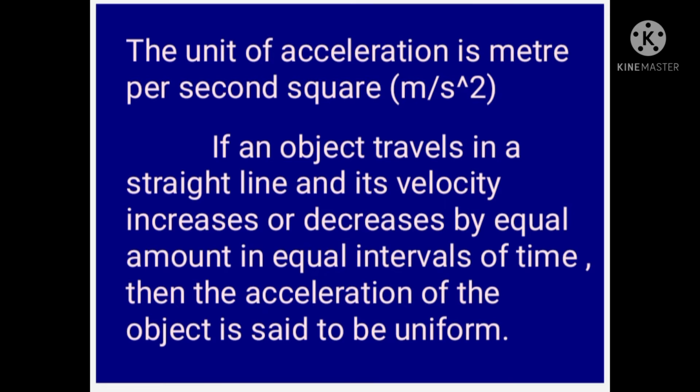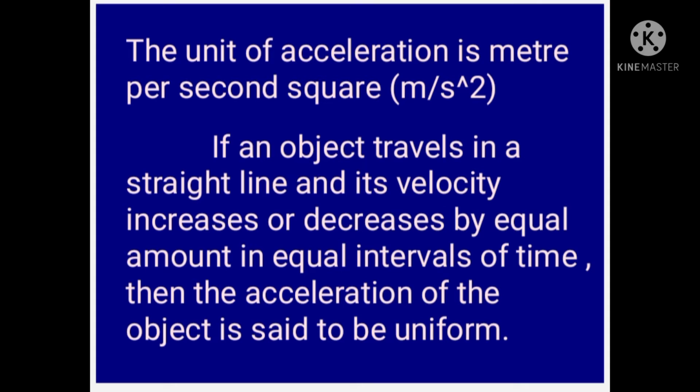Suppose a body decreases its speed in a regular manner. For example, the first velocity of an object is 20 meter per second, then it reduces its velocity to 15 meter per second in 2 seconds. Then again it reduces to 10 meter per second in 2 seconds, like that.